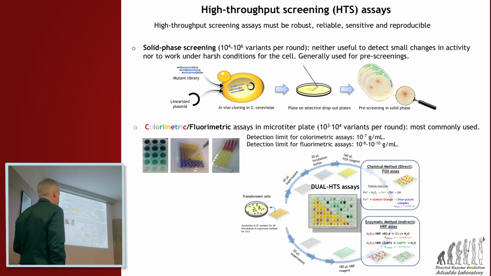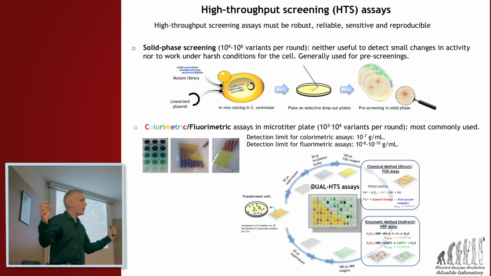We can even combine different assays within the same directed evolution experiment. Let's say that we're going to improve a couple of different properties, the stability and the activity of the enzyme. We create the mutant library, and we screen at the same time for activity but also for stability. We fish the winners, and we recombine those winners in a new round of directed evolution. And of course, we can do this right now with ultra high-throughput screening assays coupled to FACS and this kind of system.